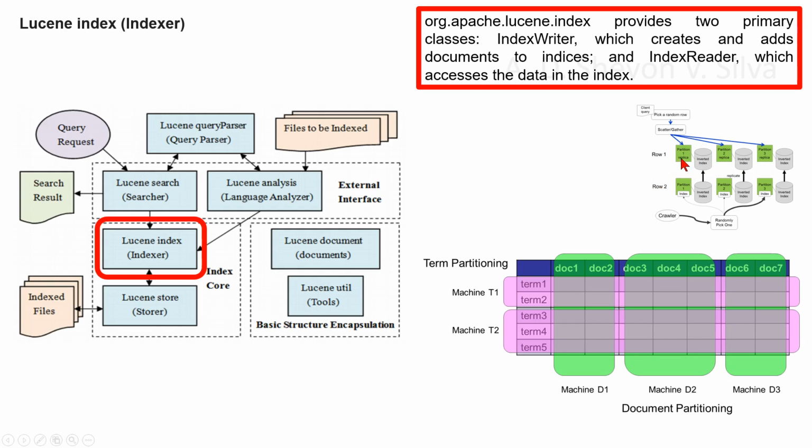When a new document is crawled, a column machine from the selected row is randomly picked to host the document. The document will be sent to this machine where the index is being built. The updated index will later be propagated to the other rows of replicas.